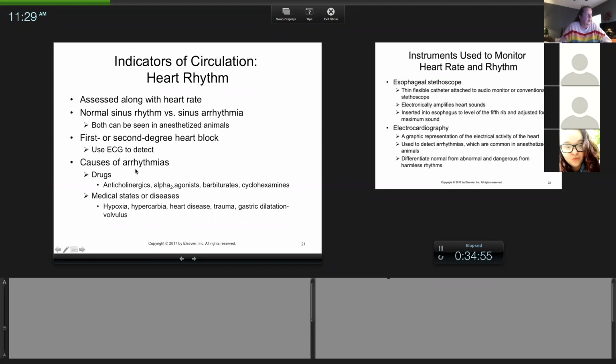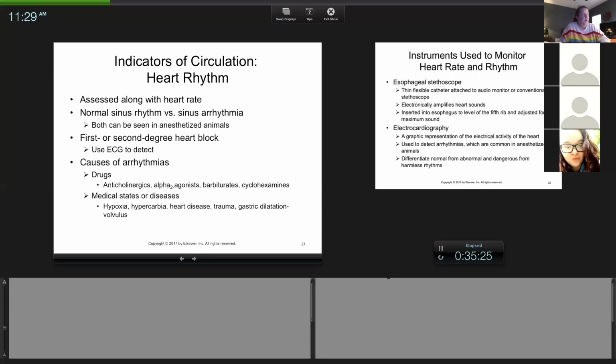So drugs can cause some of these arrhythmias, especially anticholinergics and alpha-2s. We don't use barbiturates anymore. Cyclohexamines like ketamine can cause some of it. But also heart disease, trauma, and dogs with a GDV. GDVs typically come in with these Brady arrhythmias due to the pressure on the vessels from the GDV on the thorax.